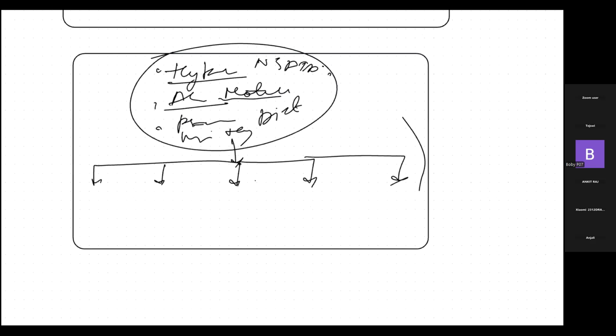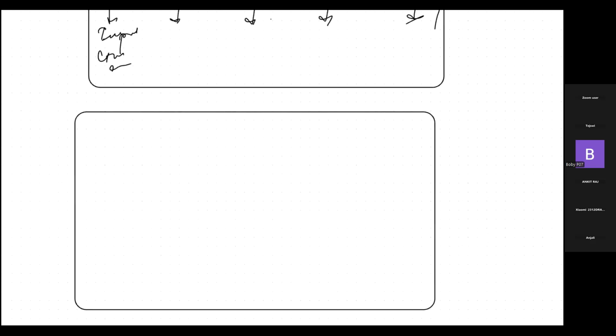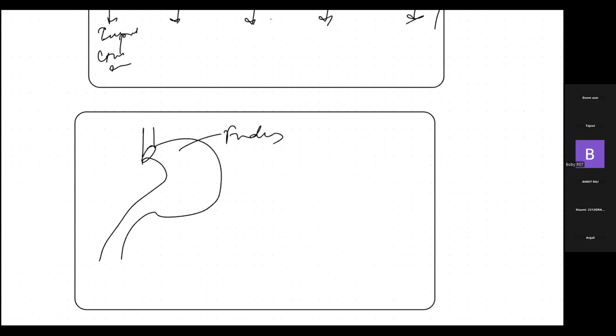Either it will impair the gastric accommodation. Now what is impairing of the gastric accommodation? See, this is our stomach, right? Here, this part is the fundus of the stomach. The fundus fails to relax.